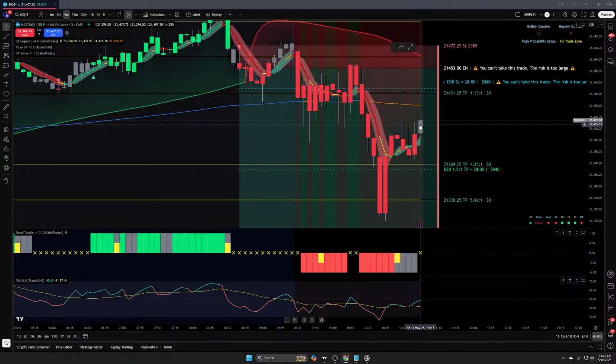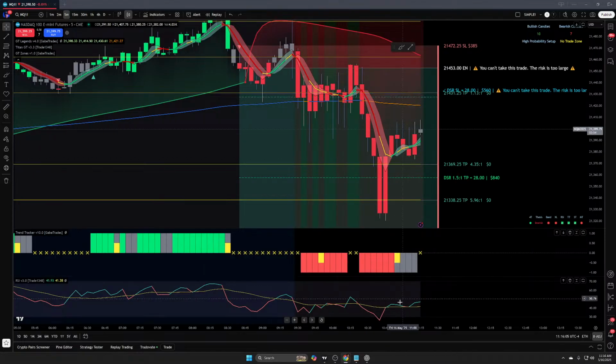Come on, RSI. This thing is like, I don't know, man. It's above its moving average. Well, it hadn't broke for me. Well, it finally broke the 13.